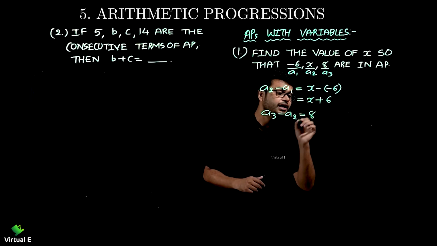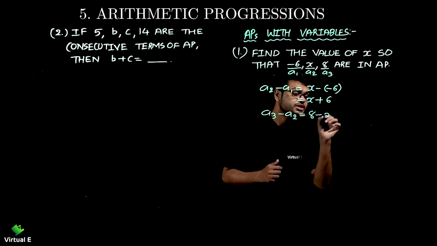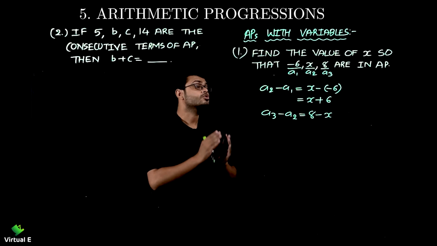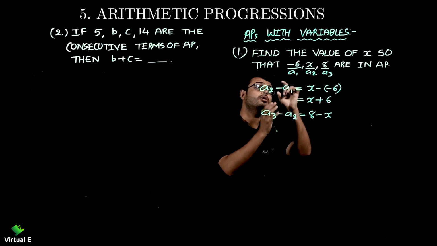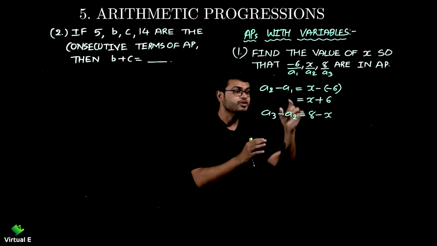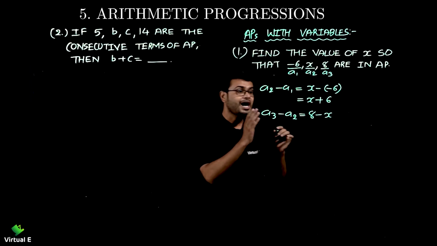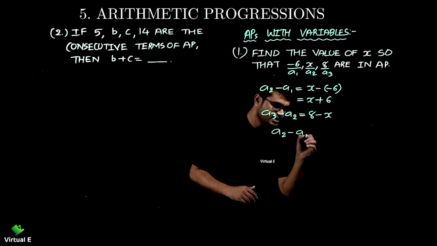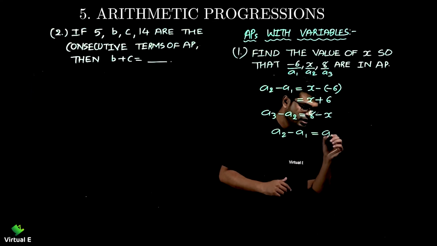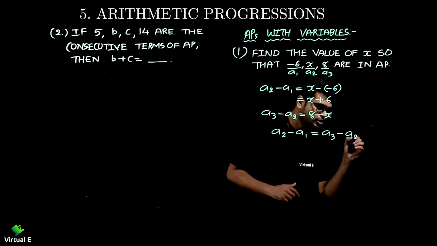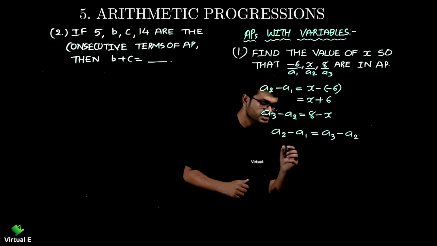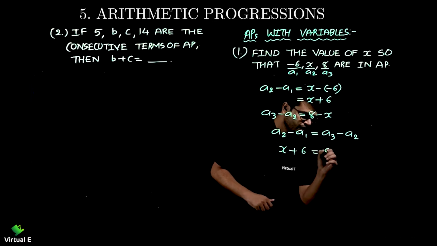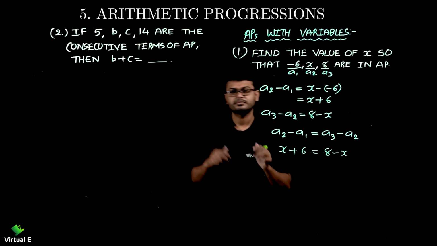A3 is 8 minus A2, which is X. So there are two differences. Now it should be an AP, so I'm going to take the differences equal: A2 minus A1 is equal to A3 minus A2. So X plus 6 is equal to 8 minus X.